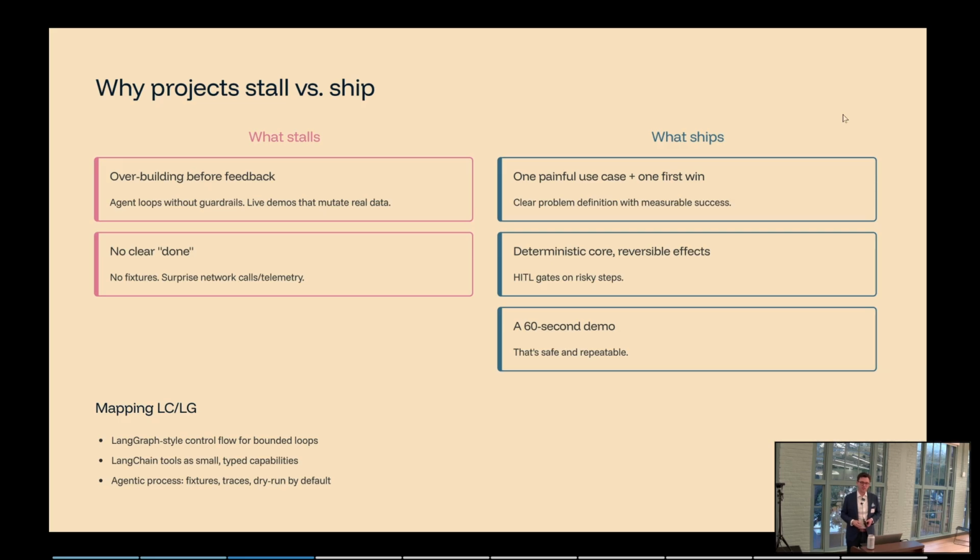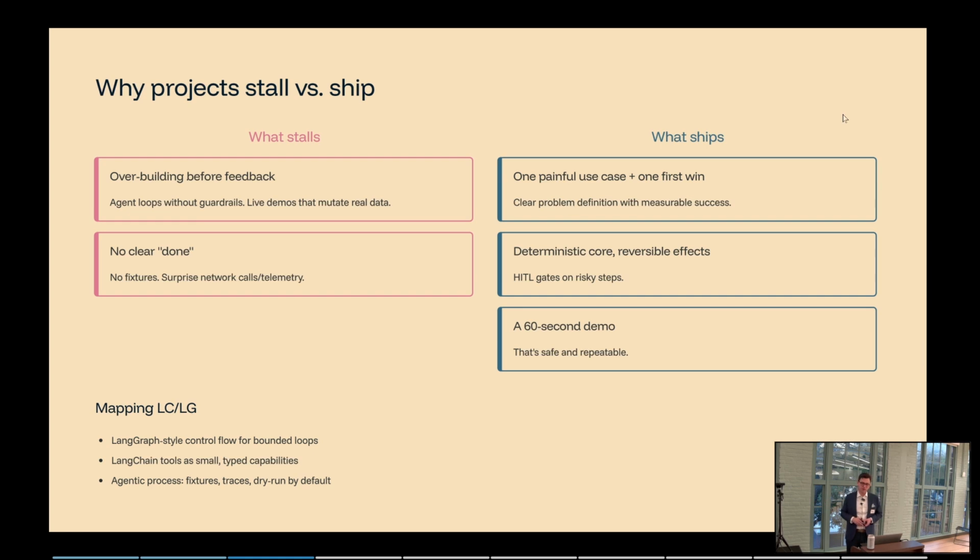So what I'm doing is I have one painful use case. It's messy. A first win, which is I'm going to have a CLI that's deterministic. So then we have a clear definition of our problem, and we've already gotten started. I have a deterministic core. I'll be doing human in the loop gates on risky steps.